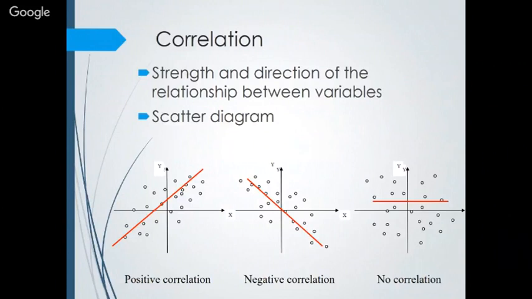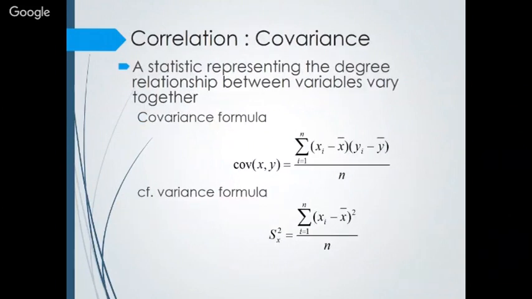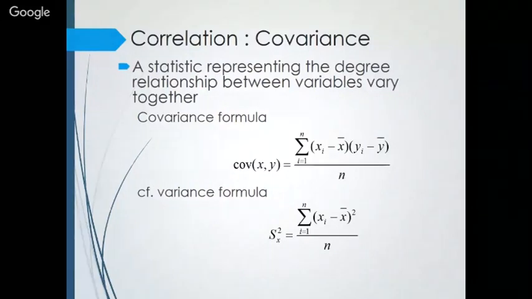Next, in order to find the correlation, first we have to understand covariance. Covariance is a statistic that represents the degree to which variables vary together.